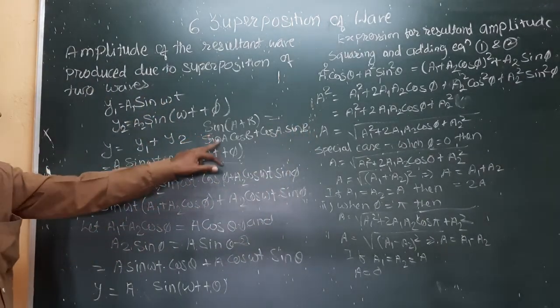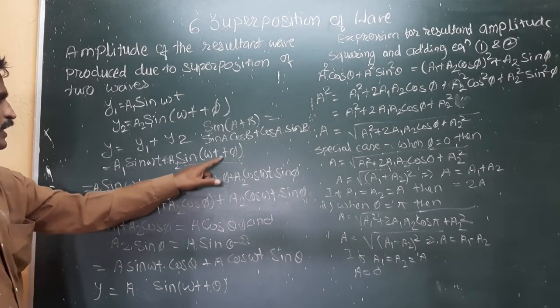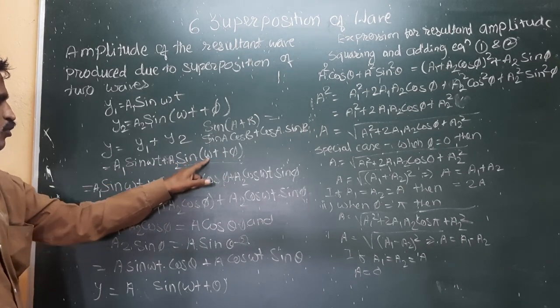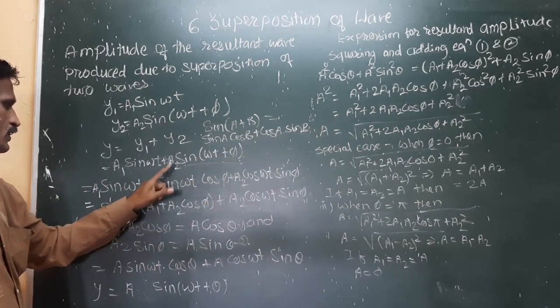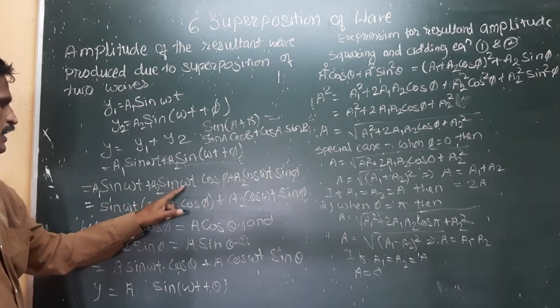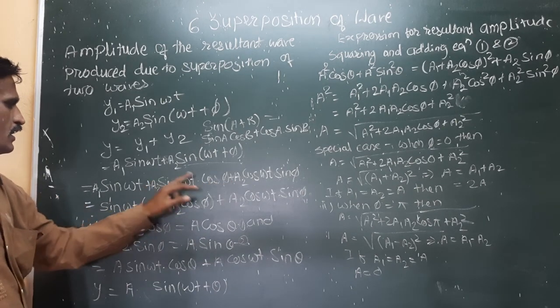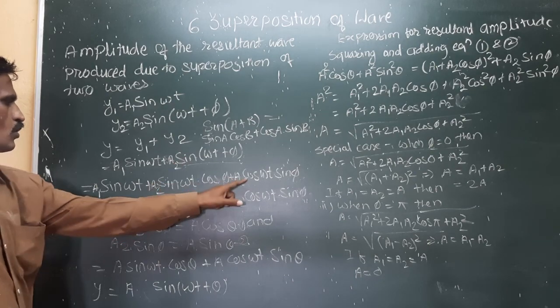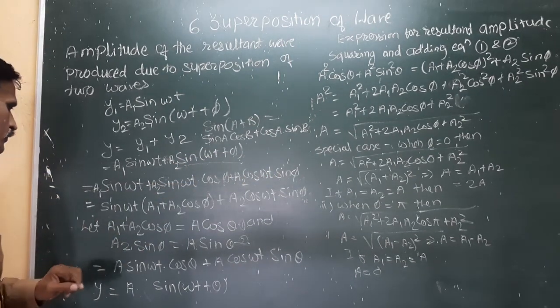Using this formula, sin(omega t plus phi) means sin omega t cos phi plus cos omega t sin phi.